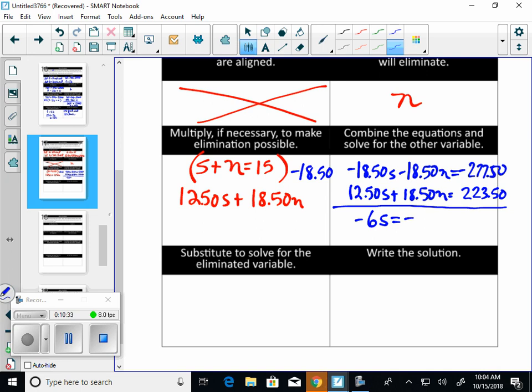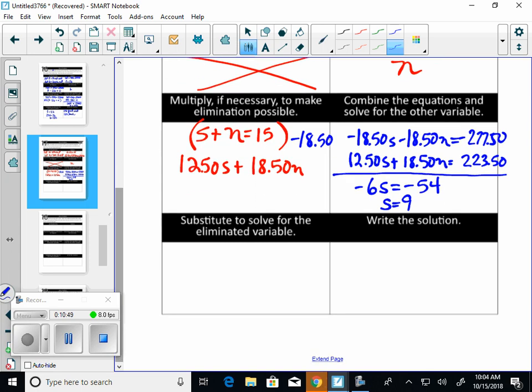Negative 54. So what is S? S is 9. If I know S, let's plug it back in. So S plus N equals 15.